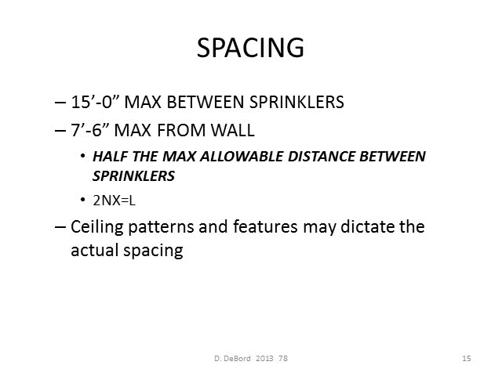So if you're allowed, say, 120 square foot per sprinkler based on your occupancy, if you go 12 foot in one direction, you go 10 foot in the other direction. 12 times 10 is 120 square feet. If you're going 12 feet in one direction, that means from the end wall on each end of the room or corridor, you can be half of 12 away from the wall maximum. So you could be 6 foot from the wall, not 7 foot 6.